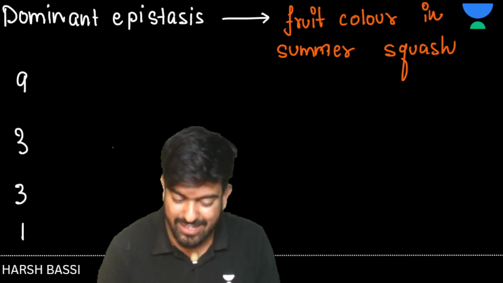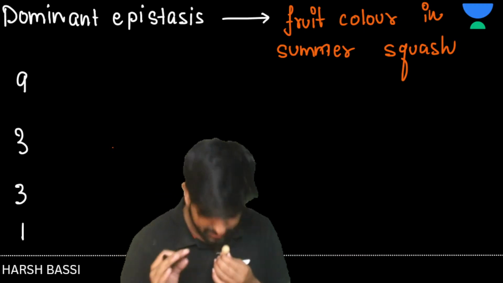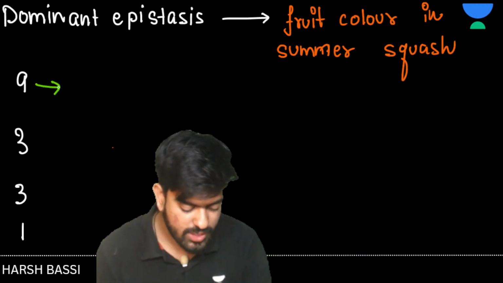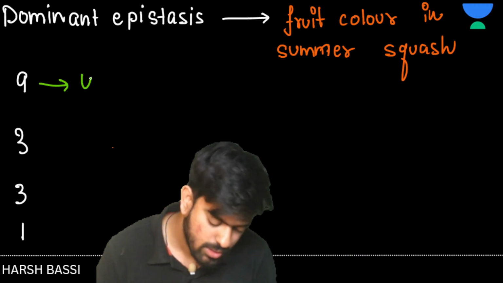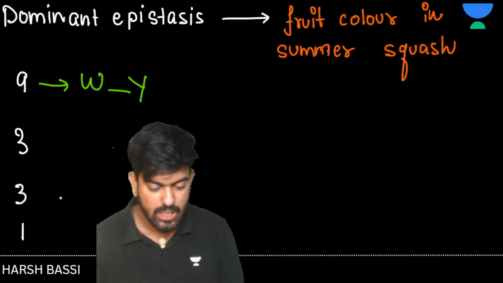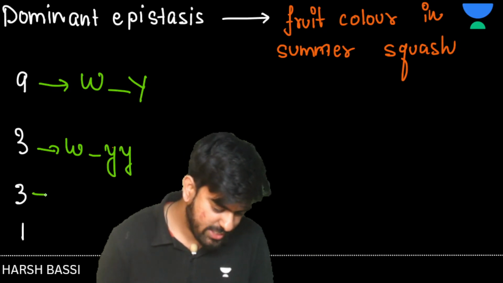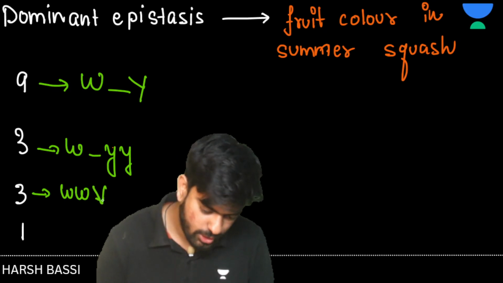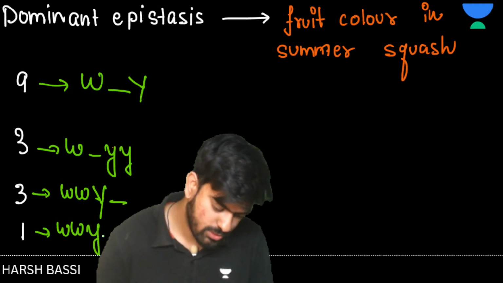Here 2 genes are controlling the color, which are W and Y, capital W or small w, capital Y or small y. In the 9 we have both dominant, yes or no? Here we are having one dominant and one recessive, here both recessive and one dominant, and here both recessive.